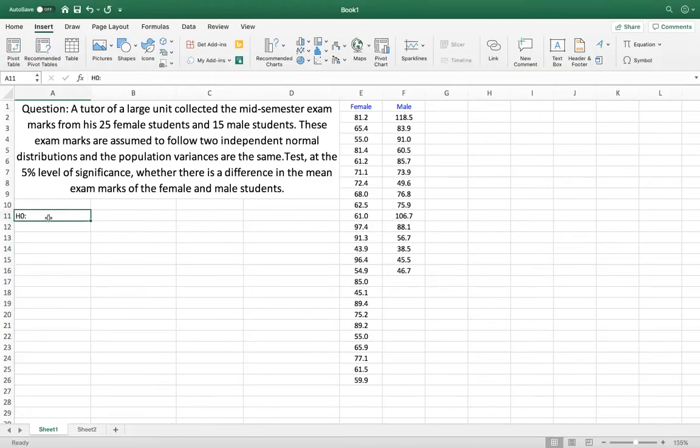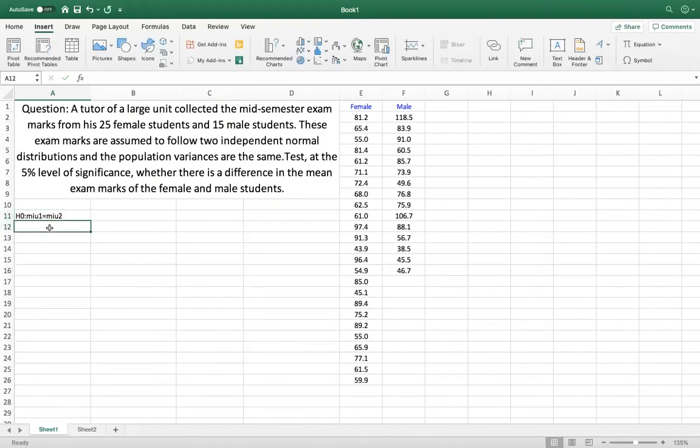Well, the null hypothesis here is that there is no difference for the two groups exam marks. So which means mu1 is equal to mu2.